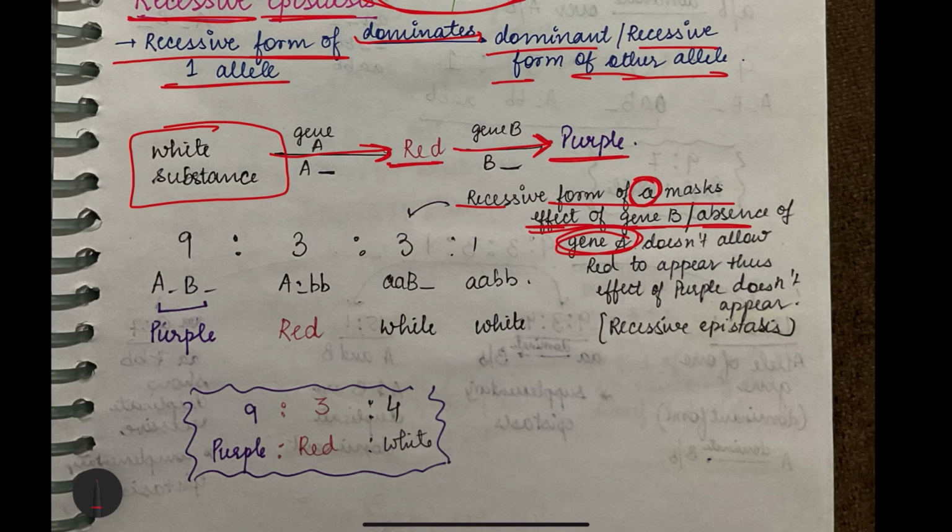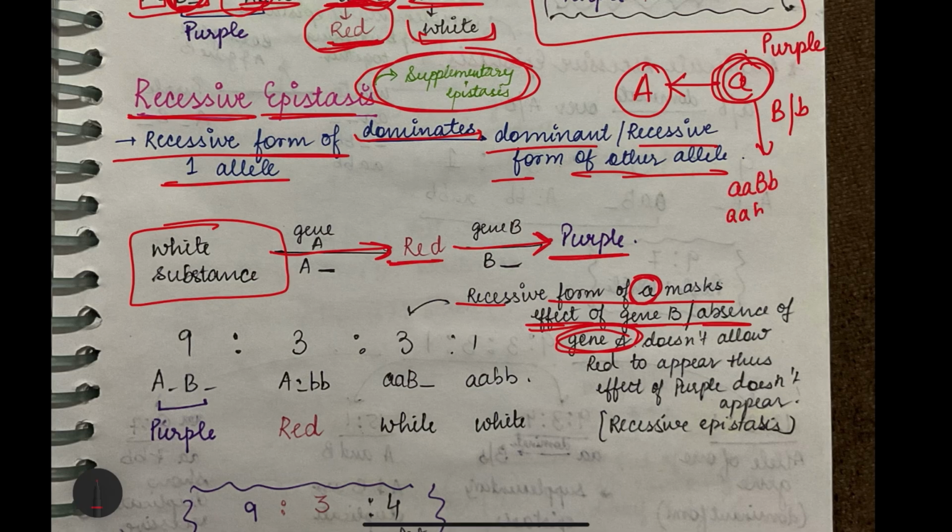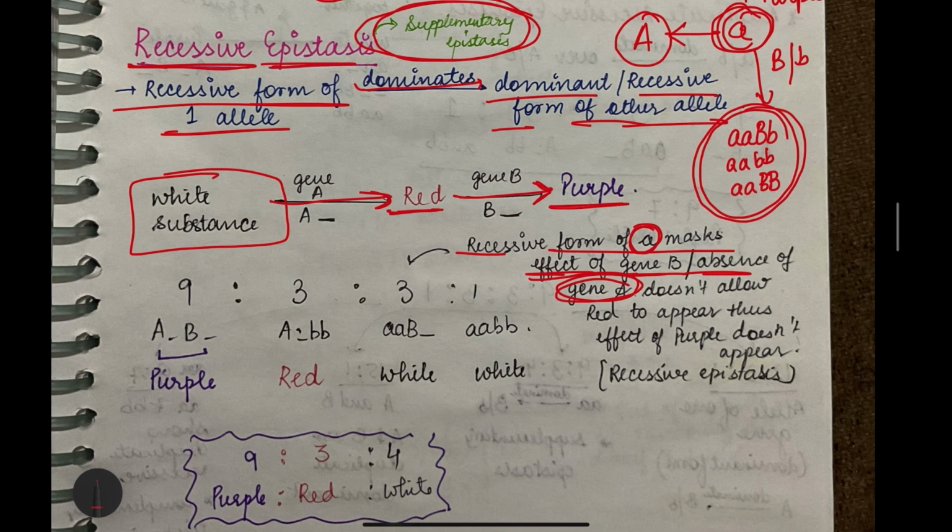Basically, in any case we can consider, we have to take one gene like A, and its recessive form is epistatic, meaning it can mask both capital B and small b. If we had considered that small a is showing purple flower, then we would not consider that it is with this, or with this, or with this. In all these cases, we will get only purple flowers, right?